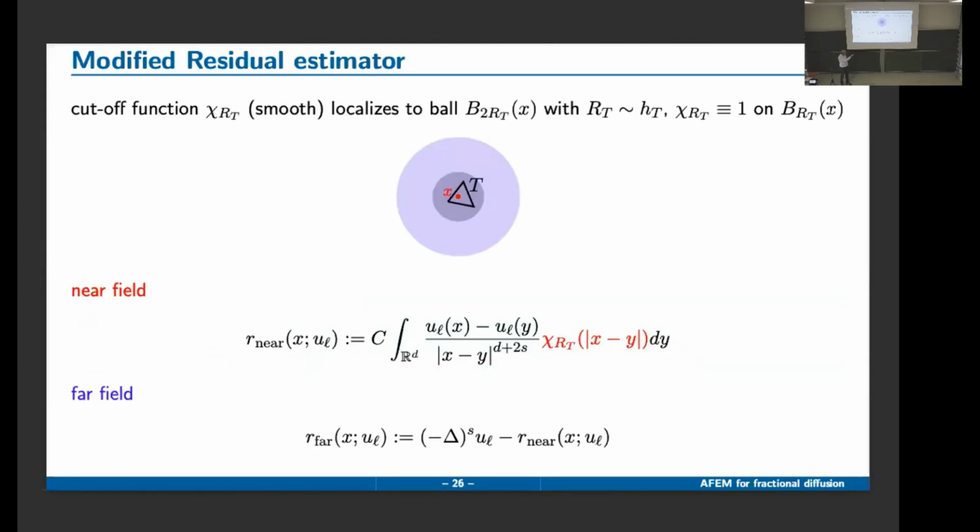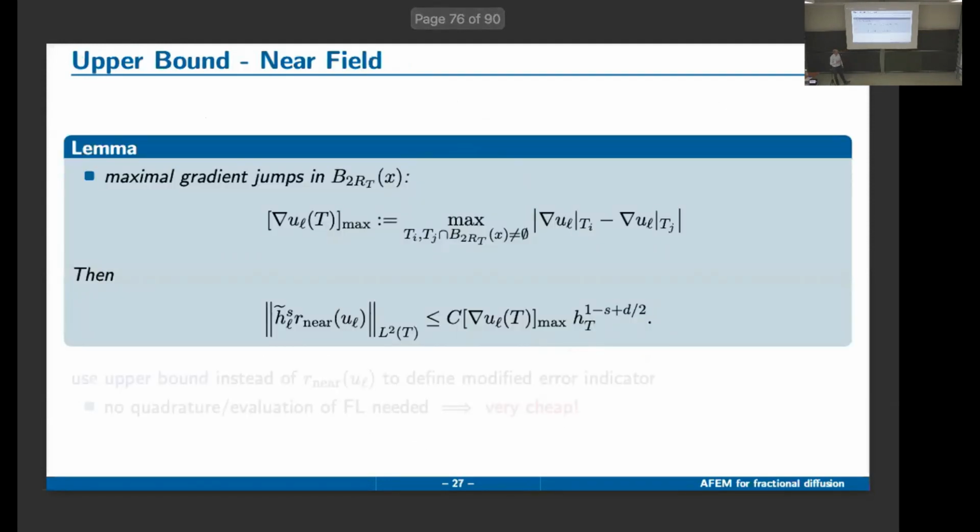So what is the idea? Again, we take a point x, think of a quadrature point, take the element inside there and cut out a ball around this element. This is done with a cutoff function, and we define the near field again as the operator where we cut out this ball, and the far field is just the remainder operator. As we have cut out this ball, we have something local again, but we have even something better.